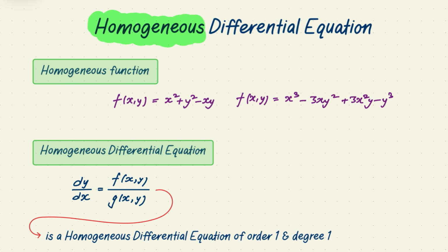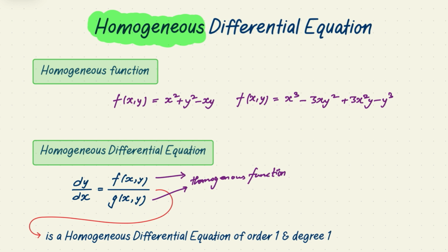So if there is a differential equation where dy over dx is written as f of x and y divided by g of x and y, where the function in the numerator is a homogeneous function and the function in the denominator is also a homogeneous function, and if we express dy over dx in this kind of ratio, then that type of differential equation is called a homogeneous differential equation.